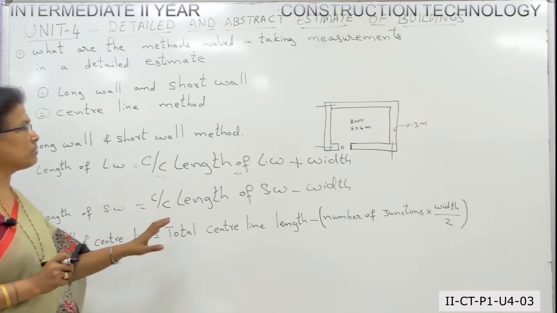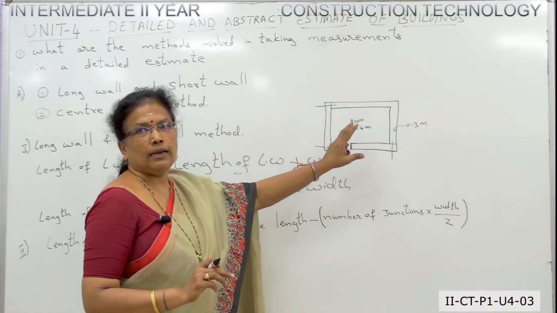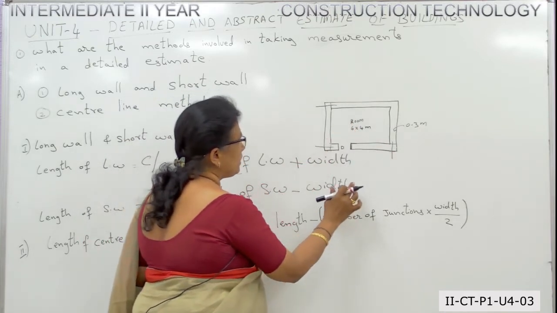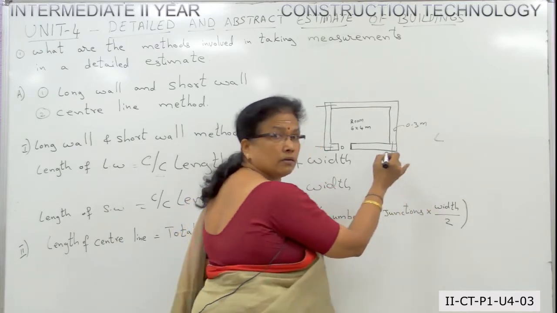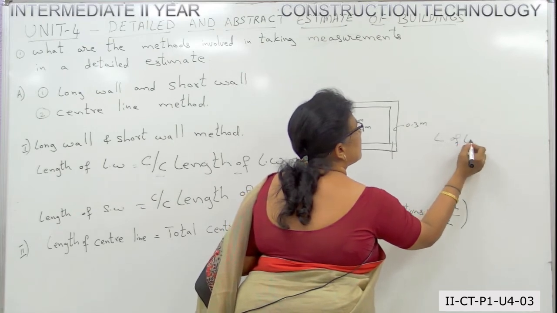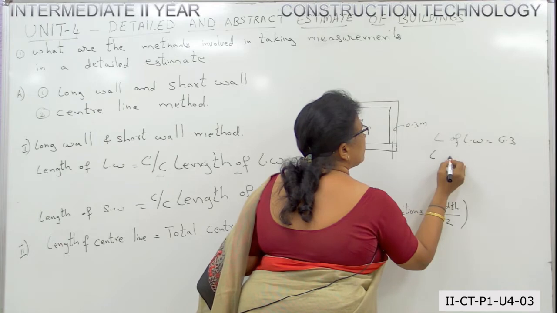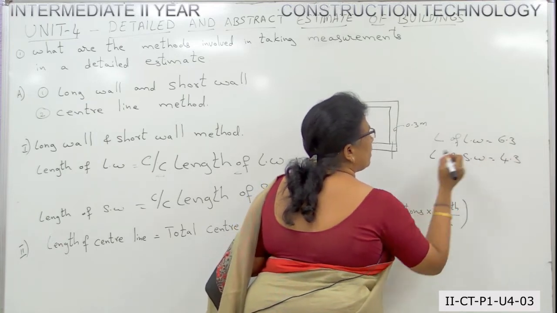To calculate the center line, first you will calculate the total length of the four walls. Suppose the length of the long wall you got as 6.3 and the length of the short wall you got as 4.3.